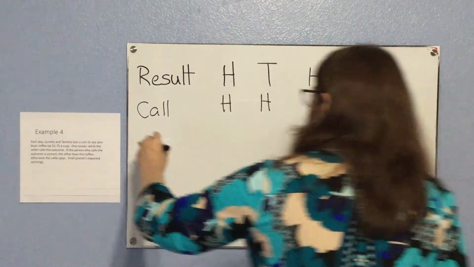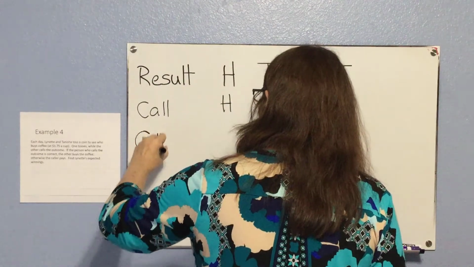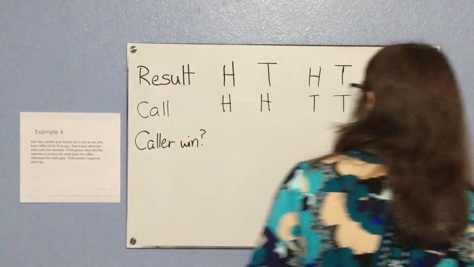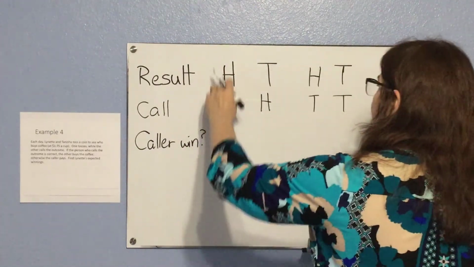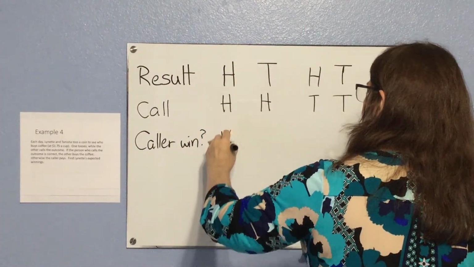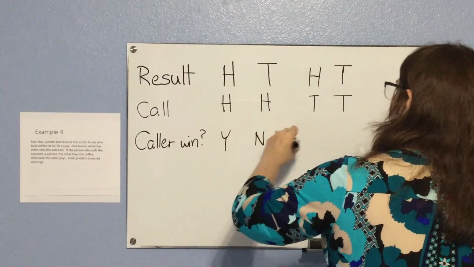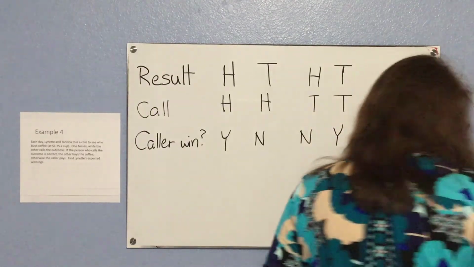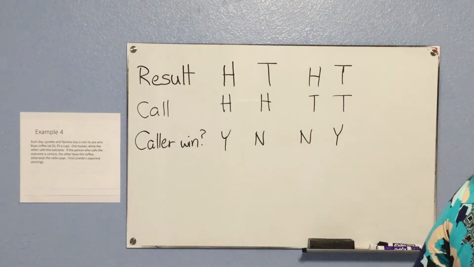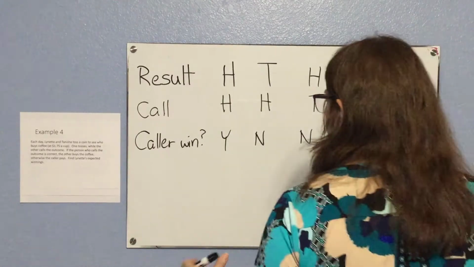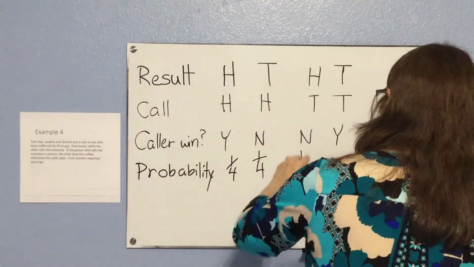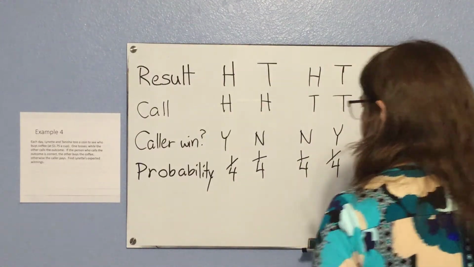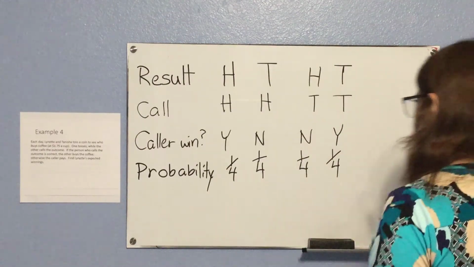And then my next line is going to be, does the caller win? Okay, the caller wins when these two are the same. So here we would say yes, no, no, and yes. And then what's the probability? There were 4 situations. We're going to assume they were all equally likely. So probability of 1/4 each.